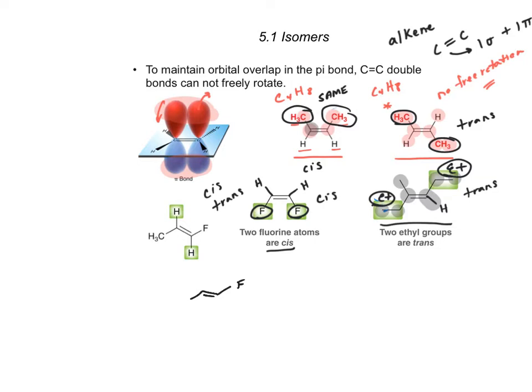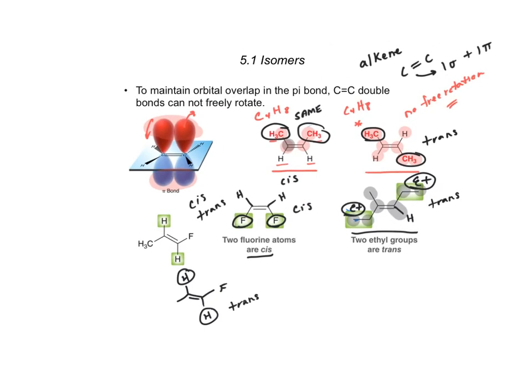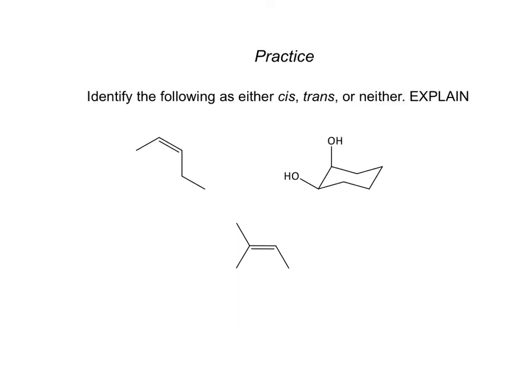We can't necessarily compare those two, so the two hydrogens, right? So it's not always obvious who that same group is, but here we'd be comparing where the hydrogens are relative to one another. Again, what would that be then? Trans. Okay, all right, so that is a brief introduction to cis-trans stereoisomers.